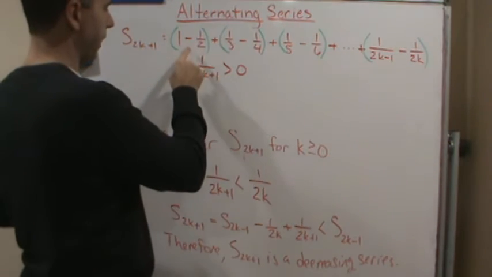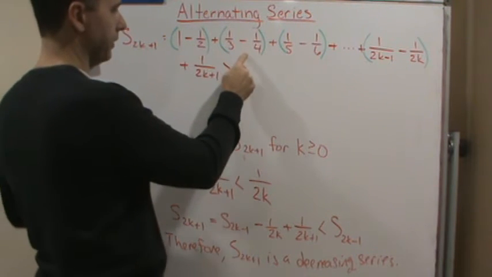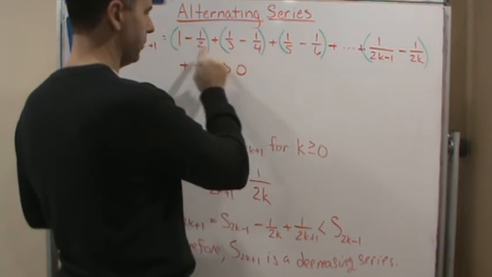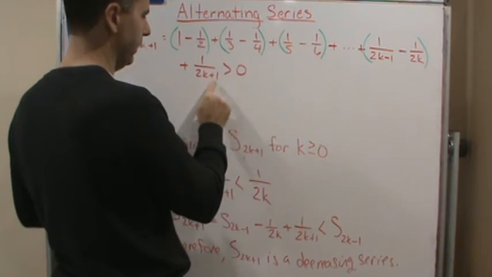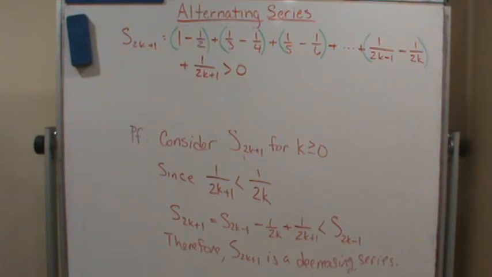Because this is positive, this is positive, this is positive, so you can see that all of this is going to be greater than 0. It's a decreasing function that's bounded from below now.